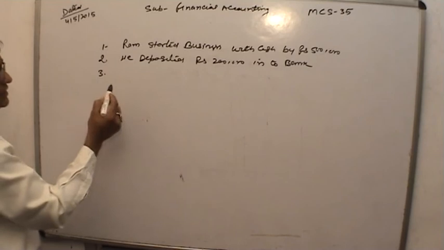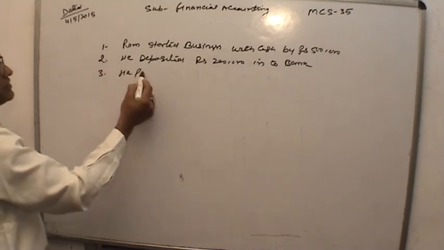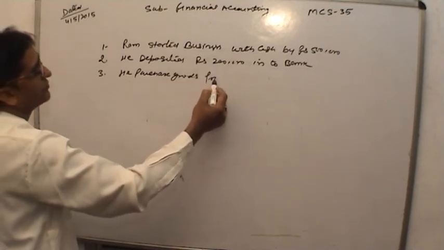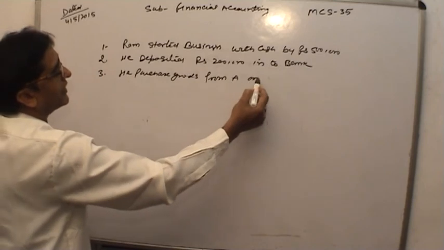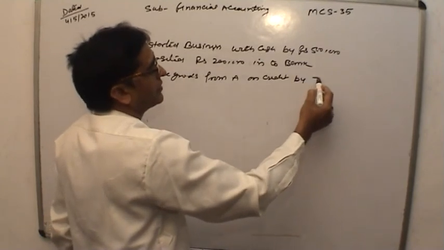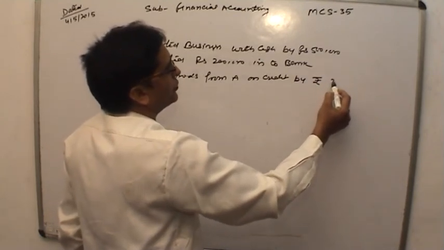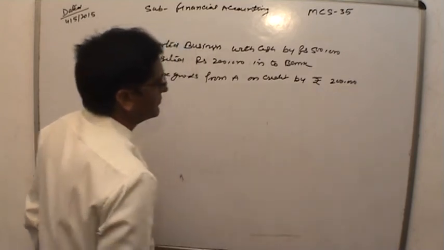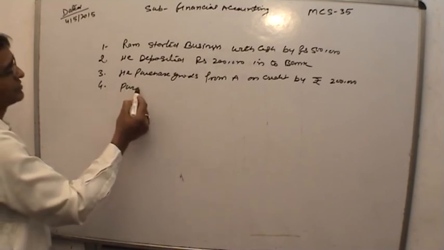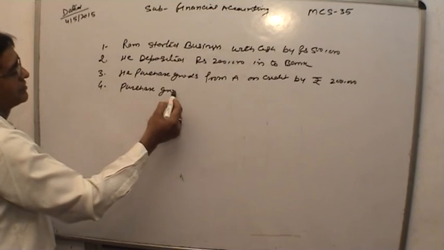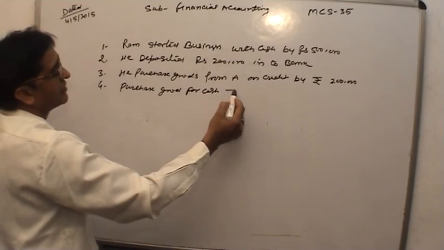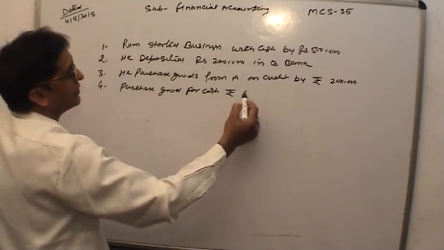Then transaction number 3, he purchased goods from A on credit by rupees 2 lakh. Then 4, purchase goods for cash rupees 50,000.